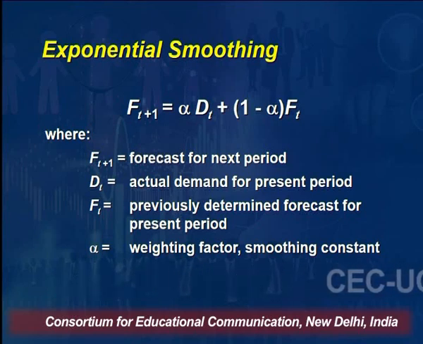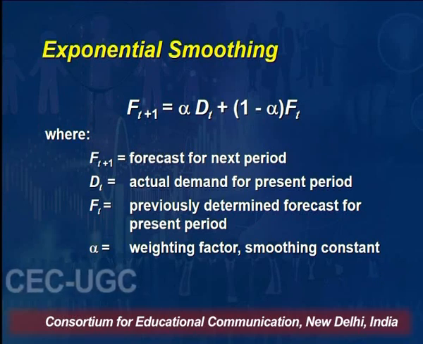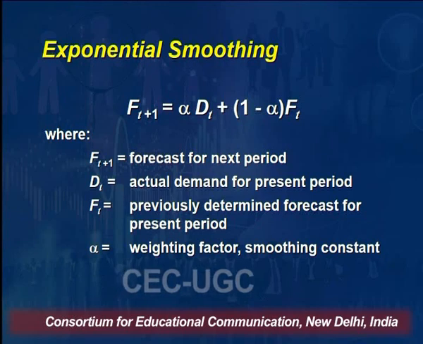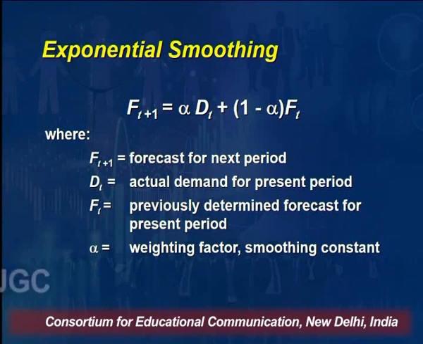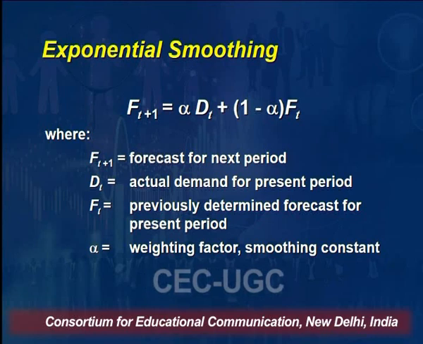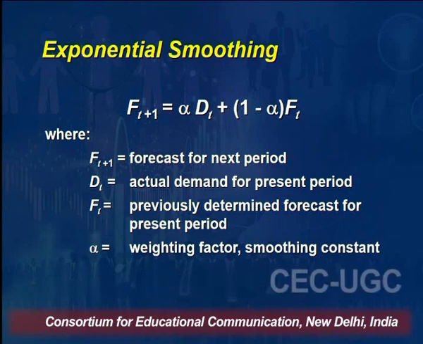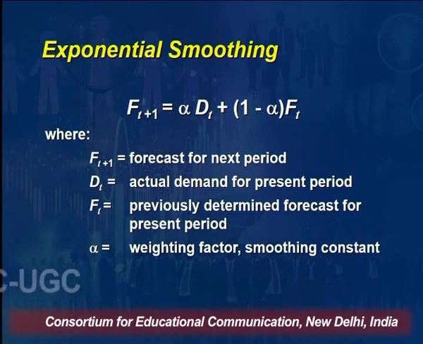Now we have to understand this formula, that we are going to predict the demand for the next period, which is F(t+1). We have used here alpha, which is a smoothing constant, to further smoothen out the variations in the demand. D(t) is the actual demand for the present period. For example, today the month is, let's say, November, and you want to predict for the December period.